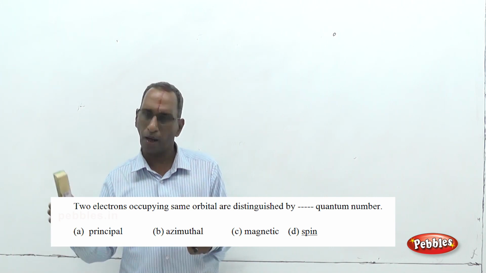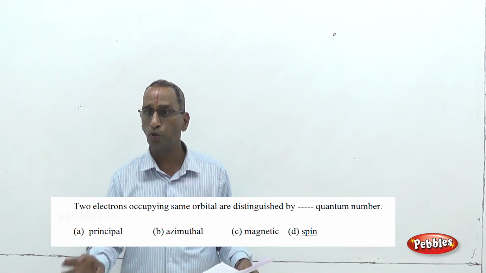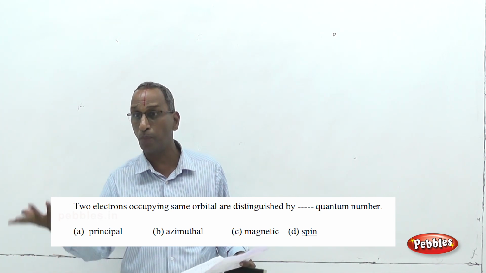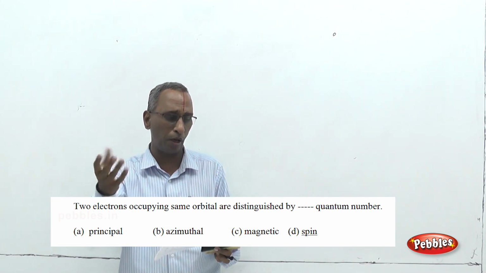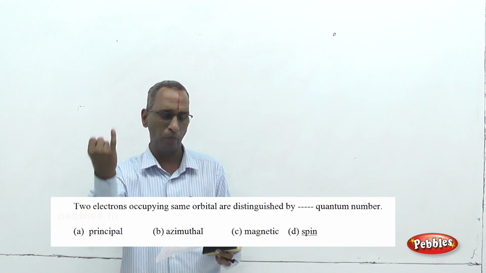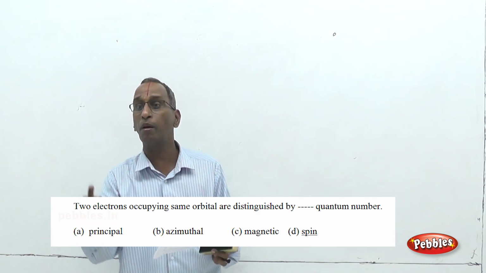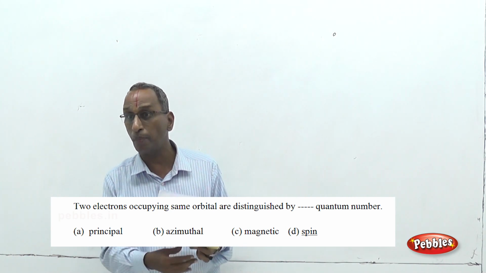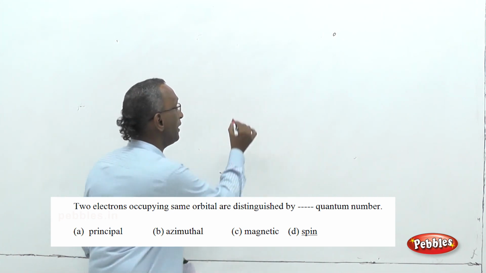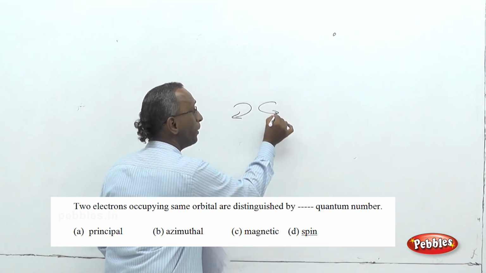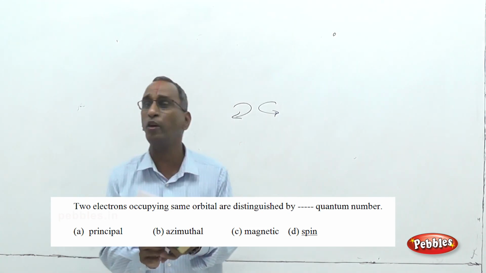Already in the theory we have seen that as per Pauli's exclusion principle, no 2 electrons can have all the quantum numbers the same. If 2 electrons are in the same orbital, their principal, azimuthal and magnetic quantum numbers will be the same because they are in the same orbital, but their spin quantum number will not be the same, because one spins clockwise and the other spins anti-clockwise. So the correct choice is spin quantum number.